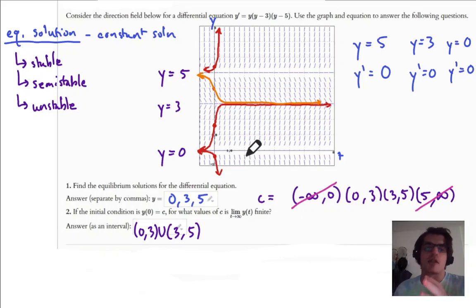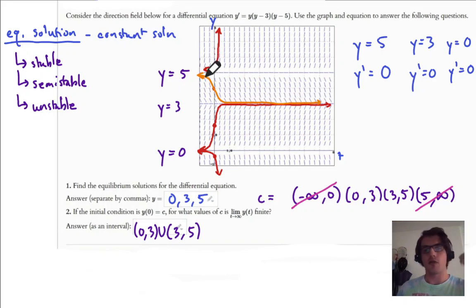Just in words, that's because if we start below 0, we will always go away from it. If we start above 0, we will always go away from it. If we start below 3 but above 0, as well as above 3 but below 5, we will always go towards 3 as t goes to infinity.